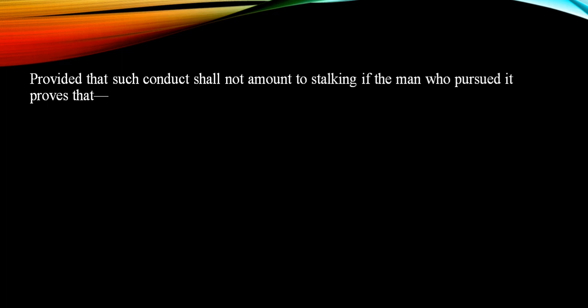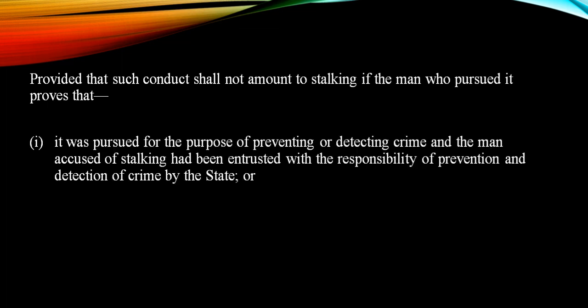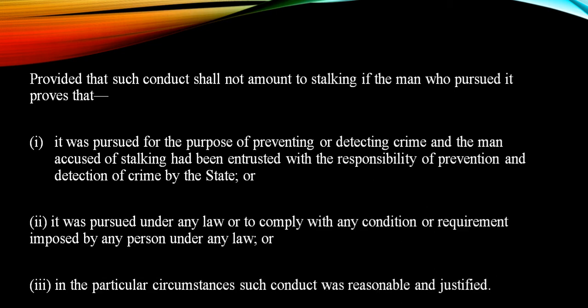Now, before the punishment, we need to see if there is an exception or a proviso. If a man who has been committing stalking, following, or trying to talk to her does so in order to prevent or detect a crime, then it would not amount to stalking. Say, any of the policemen, any person involved in preventing or detecting a crime, if he does the acts that we have seen, then it will not amount to stalking.